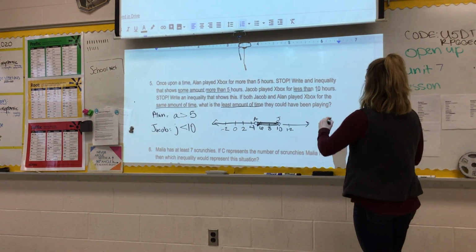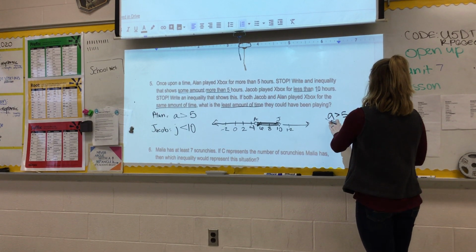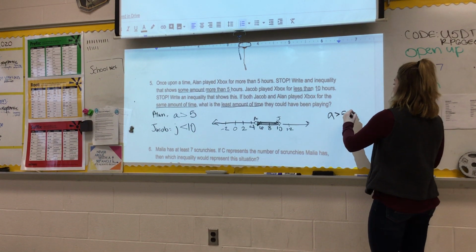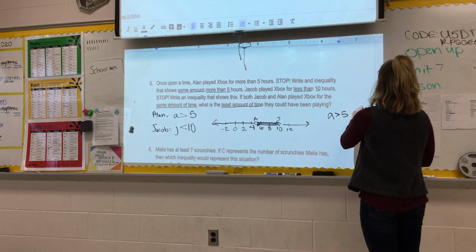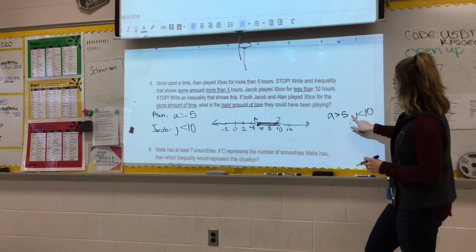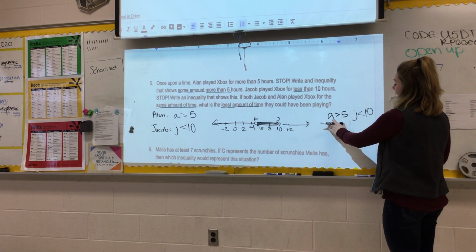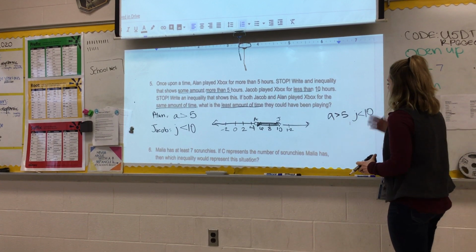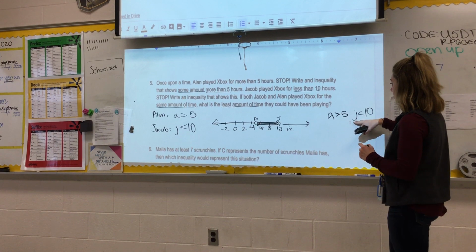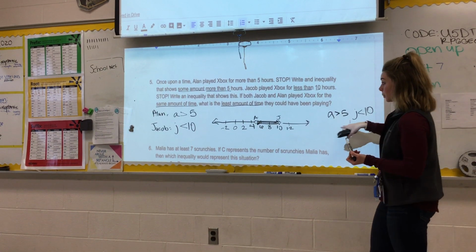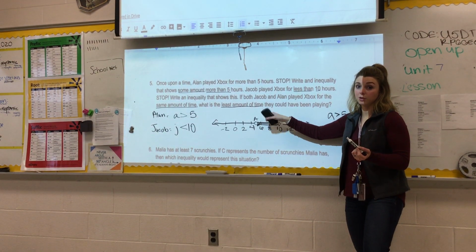You would just combine Alan is greater than 5, but we know that Jacob is less than 10. So it would have to be anything between 5 and 10, not including, so you could just keep this plot on the number line.